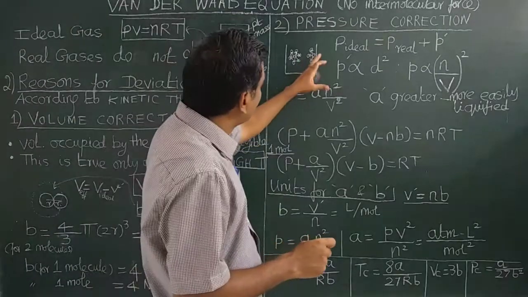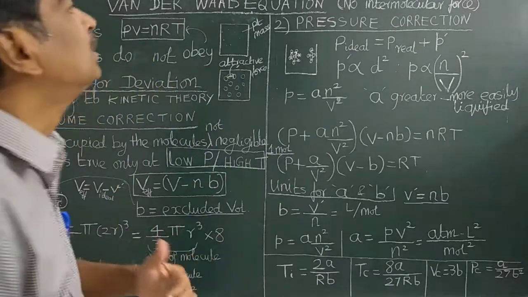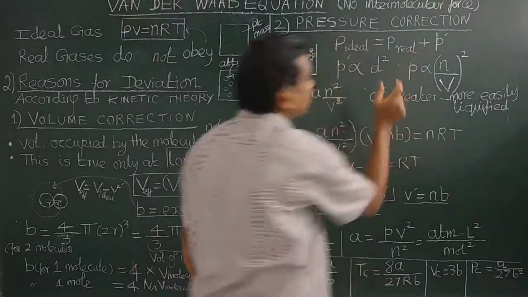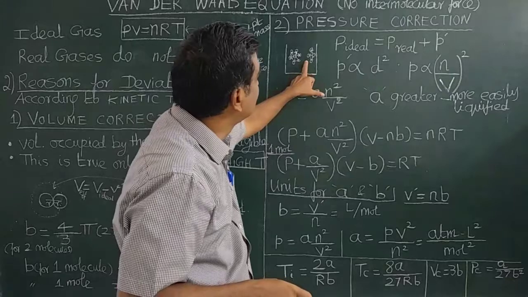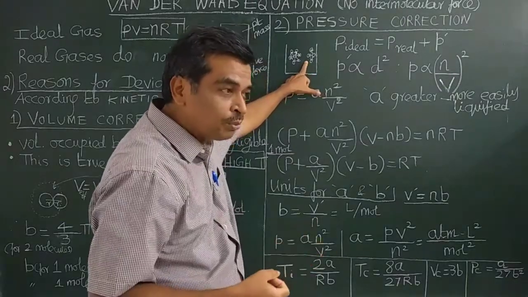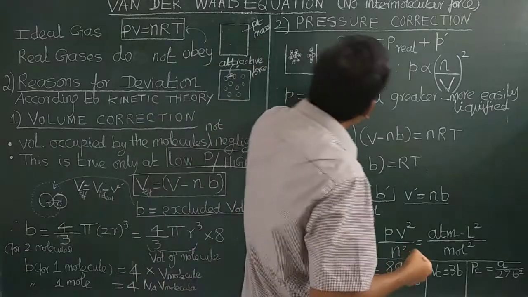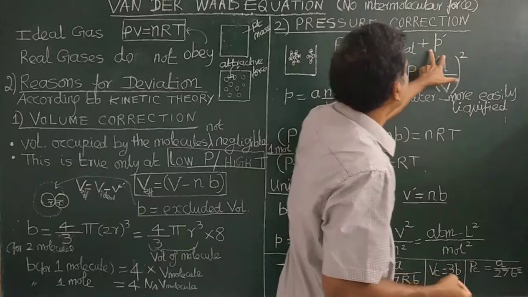Therefore, the force with which it collides is less, and therefore the pressure is less. The real gas pressure is less because of this net inward pull due to attractive force between the molecules. Therefore, P ideal equals P real plus P prime, the pressure correction term.